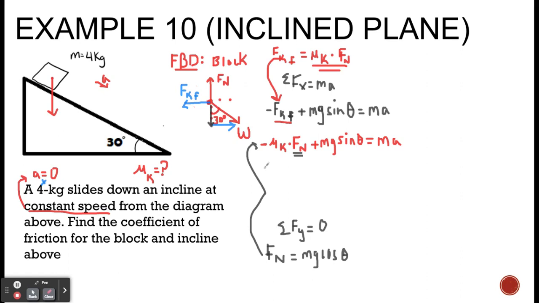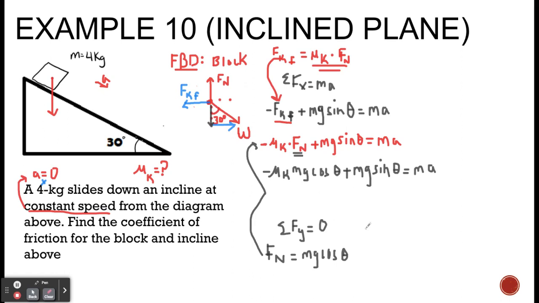And you'll notice some things will simplify here. So we have negative mu sub k times m times g times the sine. Excuse me, that should be cosine. Normal force is cosine of theta. Plus m times g times the sine of theta, all equals m times a.